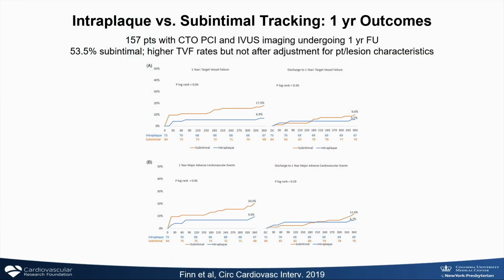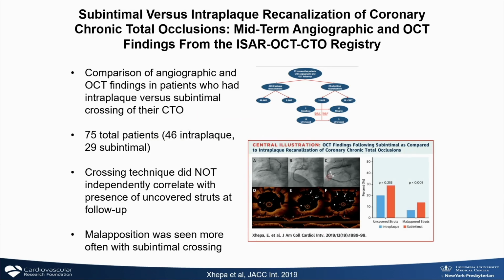In terms of whether the IVUS is useful at determining intraplaque versus subintimal tracking or extraplaque tracking, it can determine that, but it turns out that it really doesn't change what your outcome is. And this is data that we presented showing that once you adjust for the clinical characteristics of the patient, whether you were true lumen or intraplaque or subintimal or extraplaque didn't really matter in terms of the long-term outcomes.